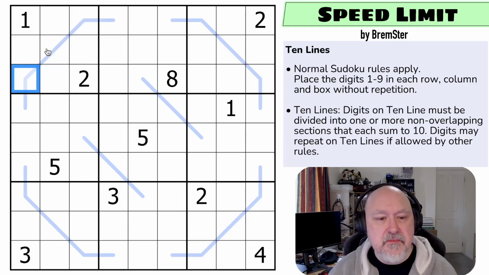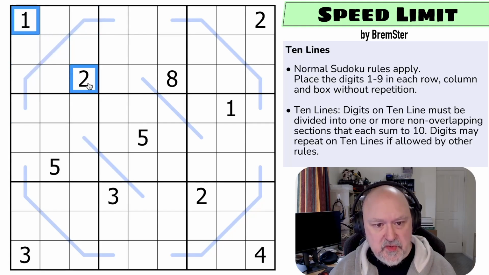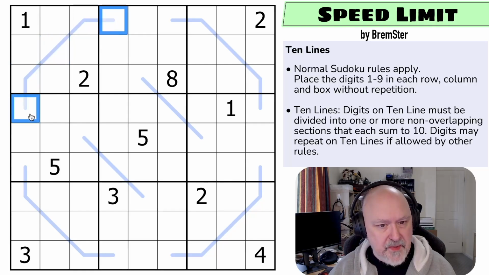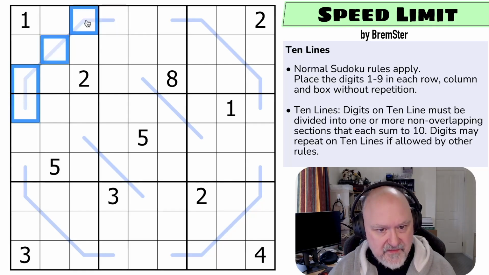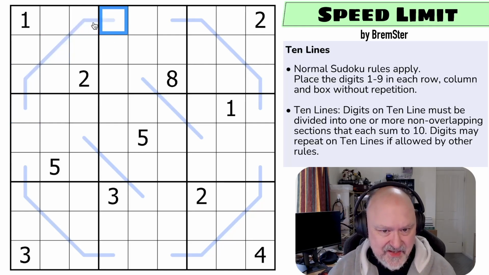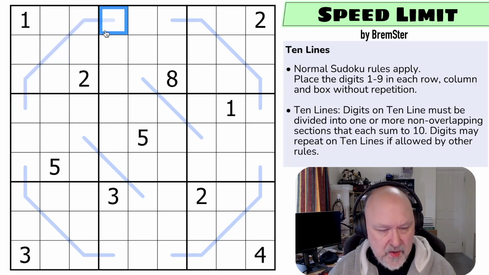No, because the minimum in here would be 3, 4, and 5, and 3, 4, 5 already sums to 12 because I can't use 1 and 2. So it might actually be possible to do like 1, 2, 3 with a couple of 2s on a 5 cell line, but it's not in this section. In this section, it's not possible to do a 1 cell.